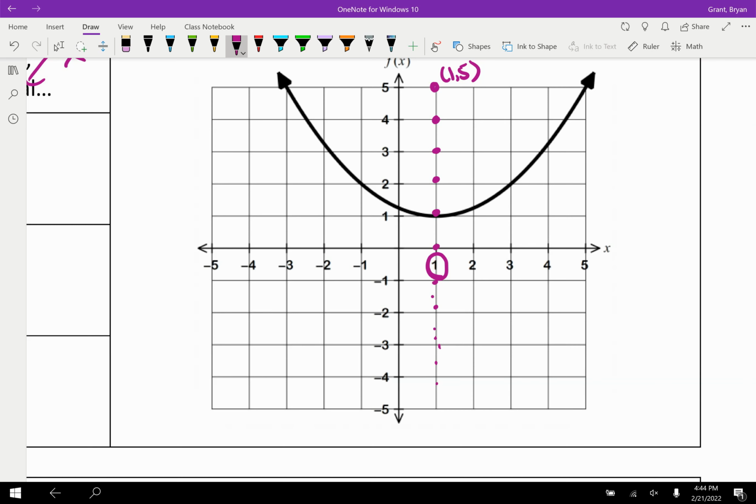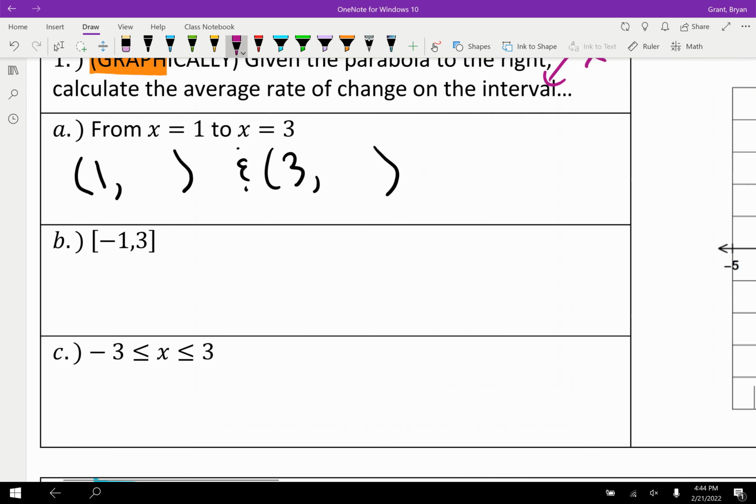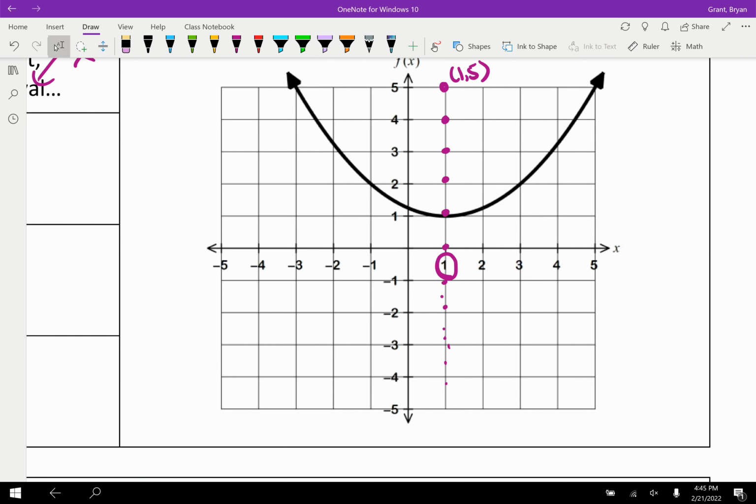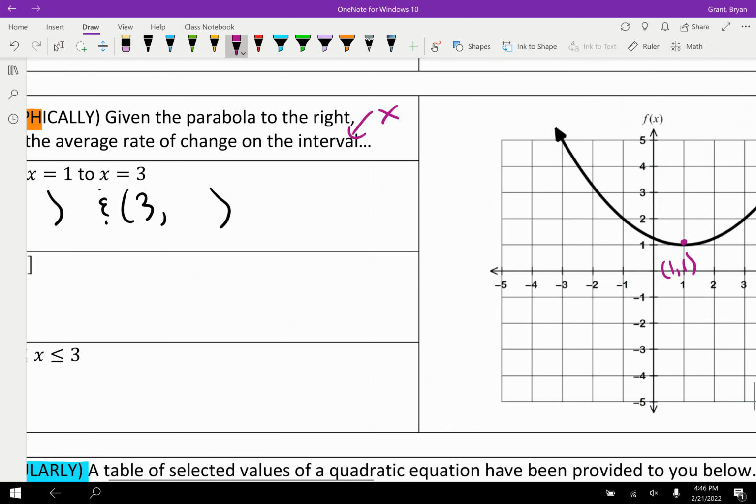So which of those y values is going to go with this point? Well, hopefully you said, since we're talking about the graph, it needs to be the point on the graph, and you're 100% correct. What we do is we identify the x value first, which was 1, and then we say which point along this line is actually on the graph, and that is the point, in this case, 1 comma 1. So I'll fill in this over here.